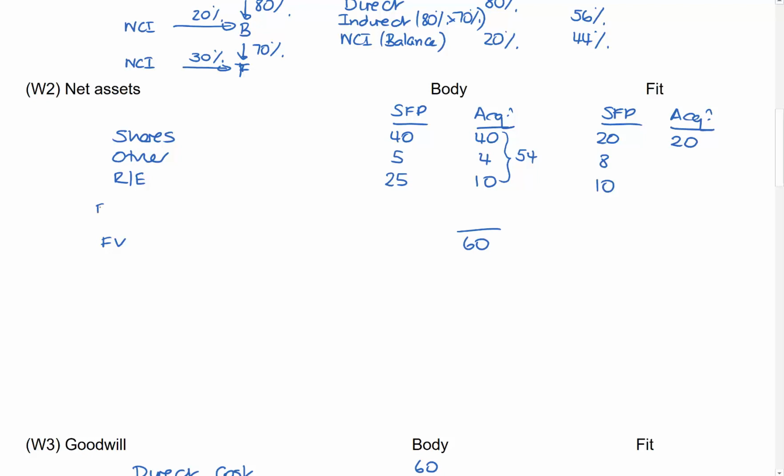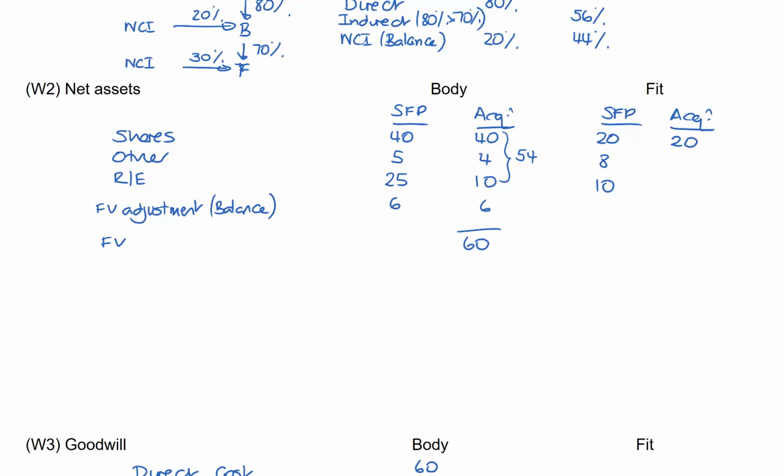Therefore, we must have a fair value adjustment. And our fair value adjustment is the balancing figure. So that gives me a balancing figure of 6 million.